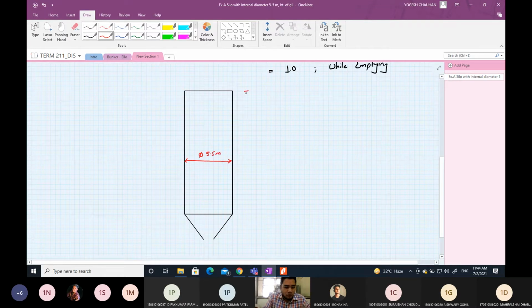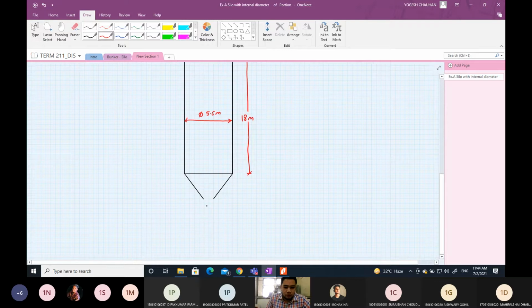The height of the cylindrical portion is given as 18 meter. Then the opening is of 0.5 meter.